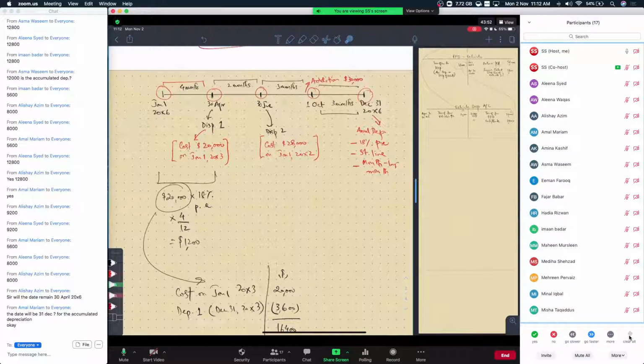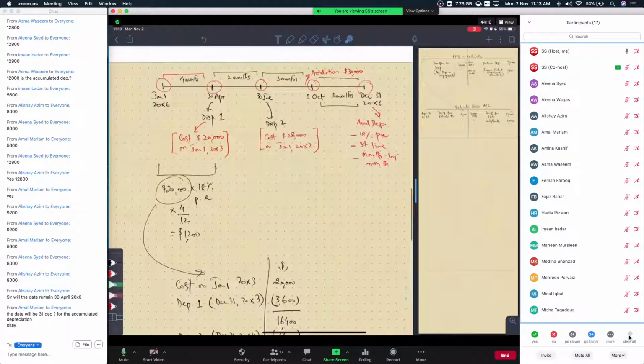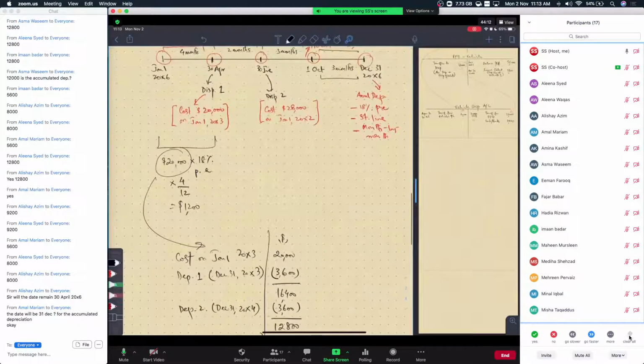Now the second disposal happening on 30th of June, और 30th of June तक पहुंचते हुए आपने 4 months ये और 2 months ये 6 months आपने इस asset को use किया. So that is 6 months period before this asset was sold, right? Disposal to happen. So we are again going to do the same thing. We will first create a depreciation charge.